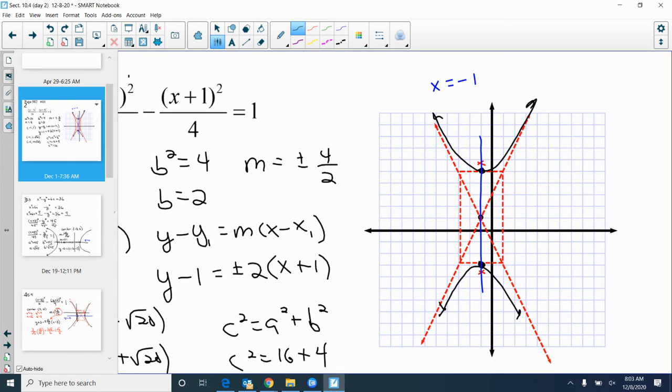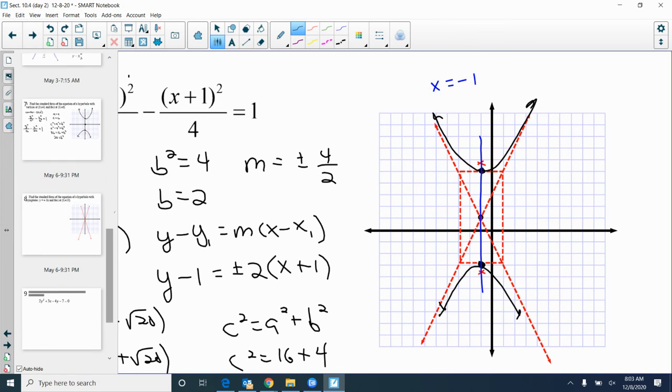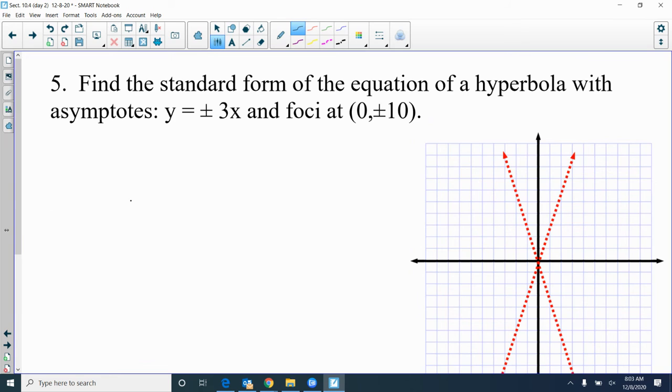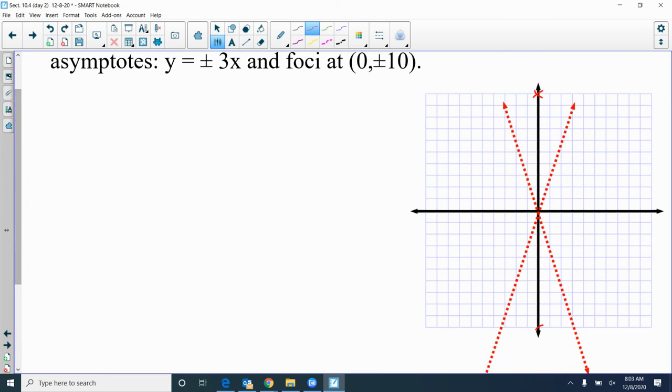What I mean by that is, the general form has got to open up and down, right? Because your foci are 0 plus or minus 10. So 10 is all the way up here, negative 10 is all the way down here.